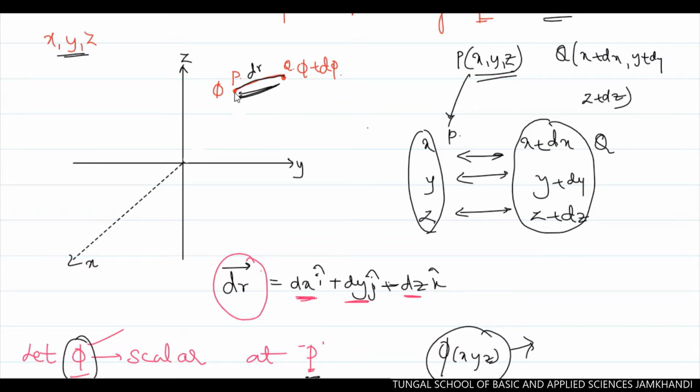Now if I move from point p to q along all three dimensions, say I move from p a particular distance along the x-axis to a point a, and then along the y-axis to the point b, I am going from p to q in different directions along all three axes, right?